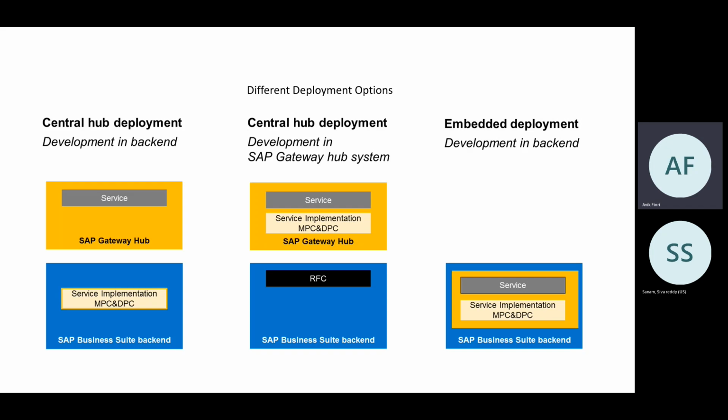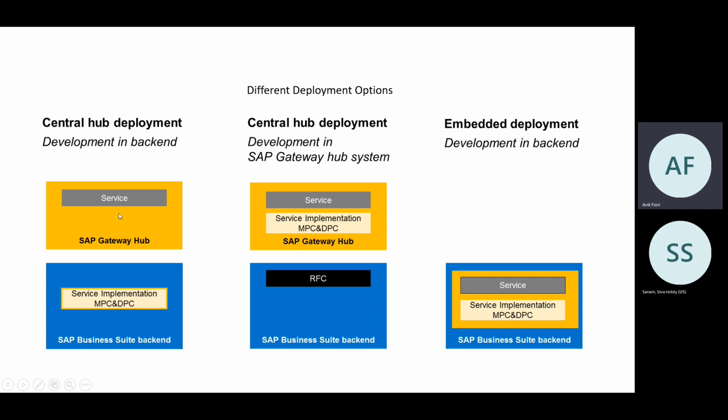So now let's move to the different deployment options. I have already shown you that we have only two deployment options, the hub deployment and the embedded deployment. But under the hub we also have two different things. If you look at the first one, development in the backend, on the top you have the gateway hub.